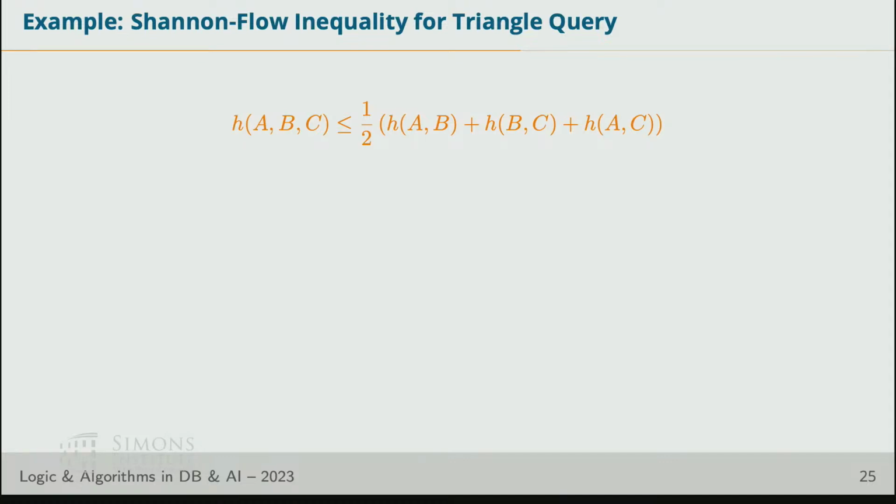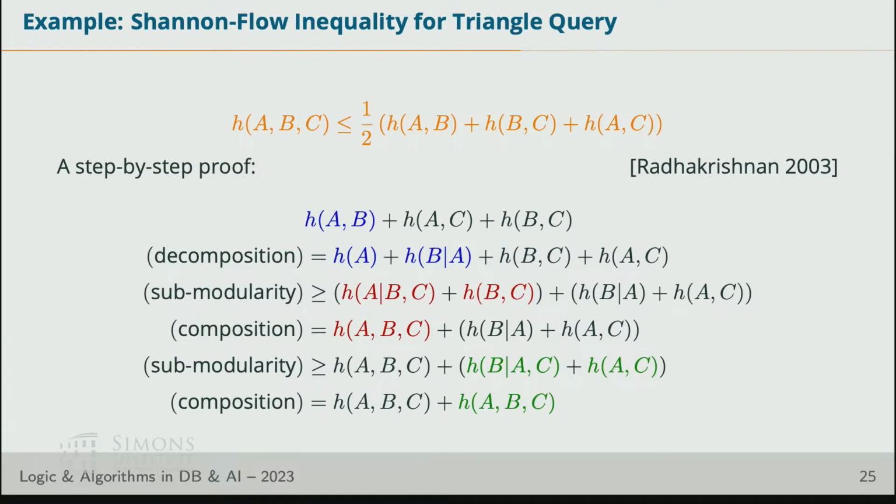And we can give a proof of this, actually. Very simple. I think probably a lot of people have come up with this proof on their own. But the first time I learned about this proof style was from a really interesting paper, Radhakrishnan, 2003, Entropy and Counting. And it goes something like this.